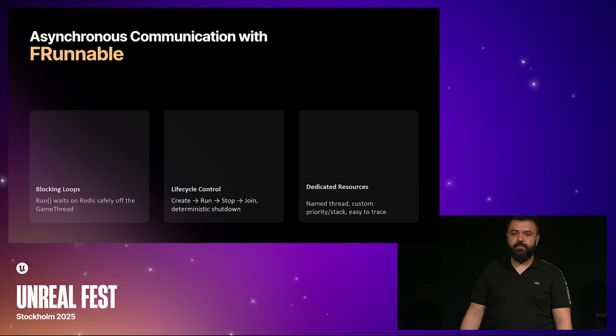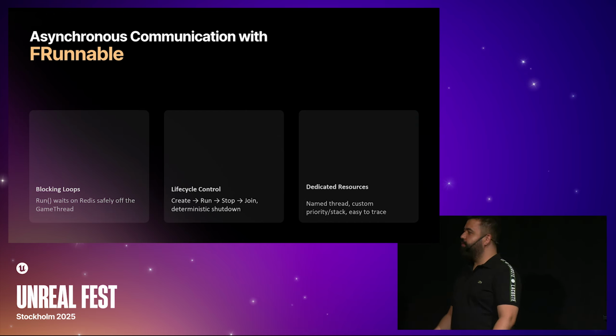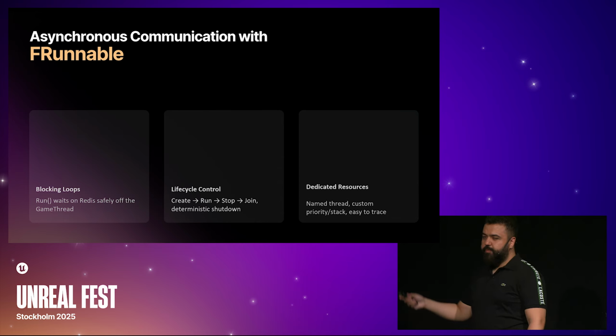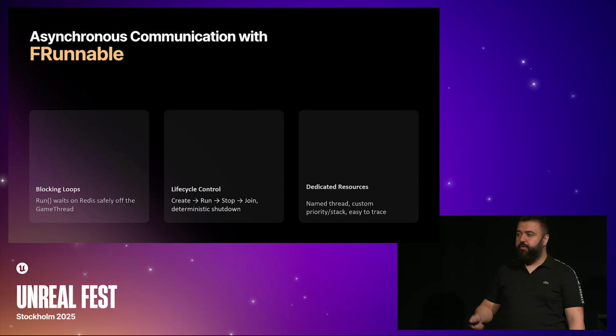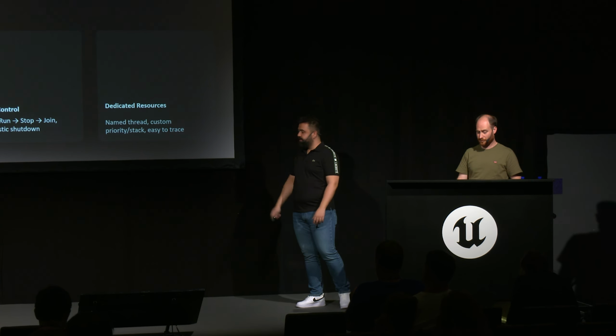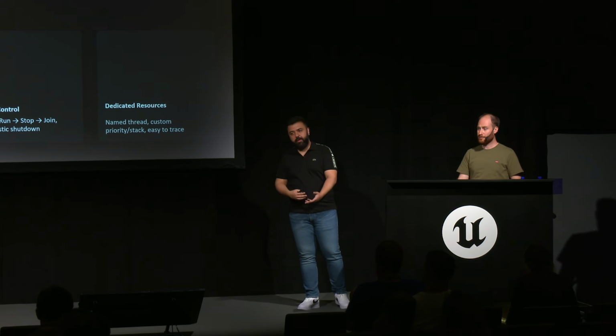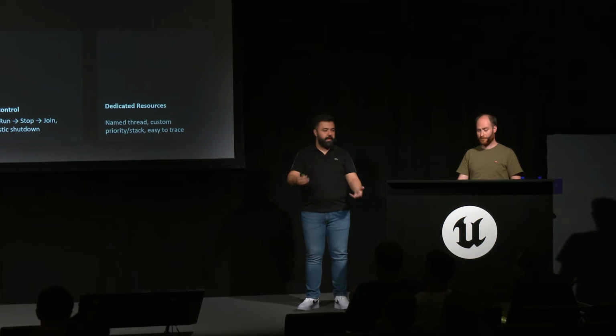Since it's in a separate thread, your game thread won't be affected by the logic inside it. It also provides lifecycle control functions like Create, Run, and Stop. And also, you can give them names and priorities to dedicate the resources.